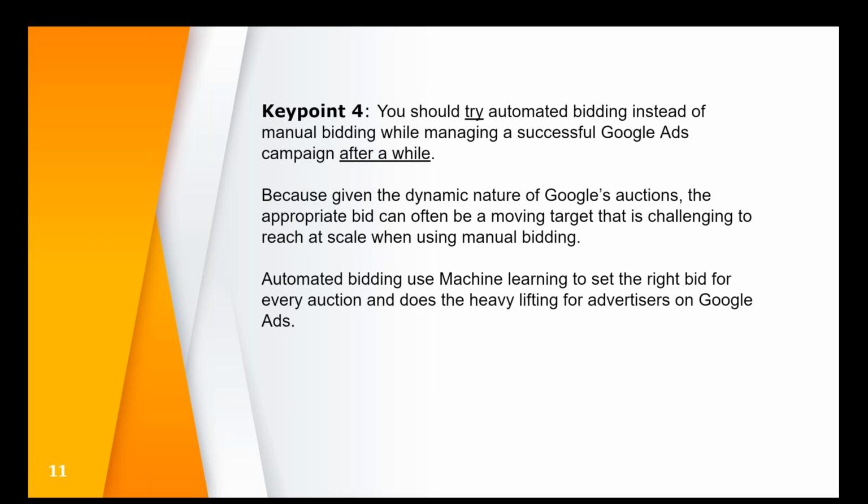I underlined "should try." I'm not saying that you should keep it, but you should try it after the campaign is running well and getting clicks, and Google has information. Once Google has all kinds of information, let them give it a try to see if they can do a better job than you with the manual cost per click.